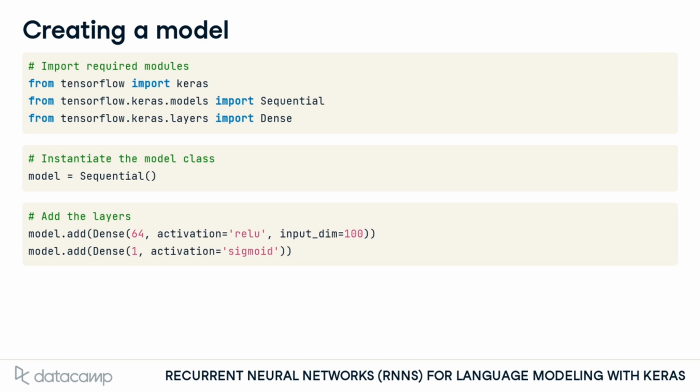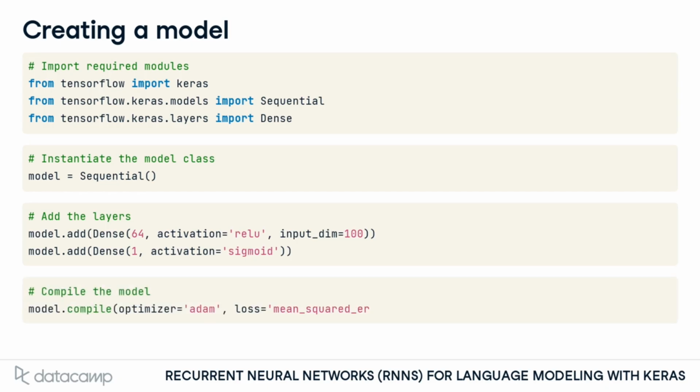The parameter input_dim declares the shape of the input data, which is mandatory for the first layer in the model. Then add the output layer: model.add(Dense(1, activation='sigmoid')).